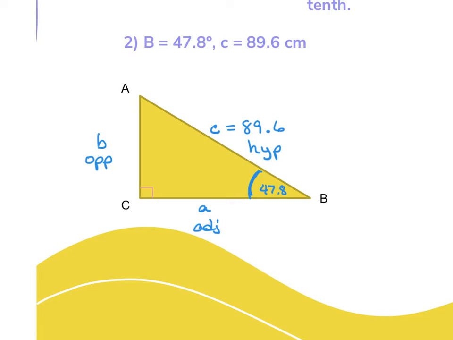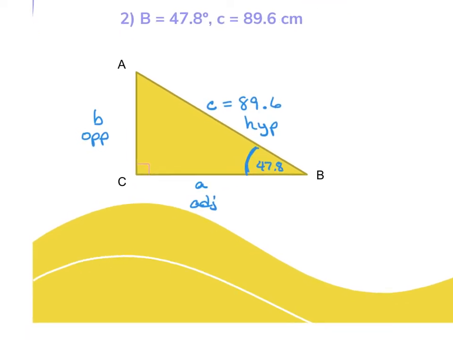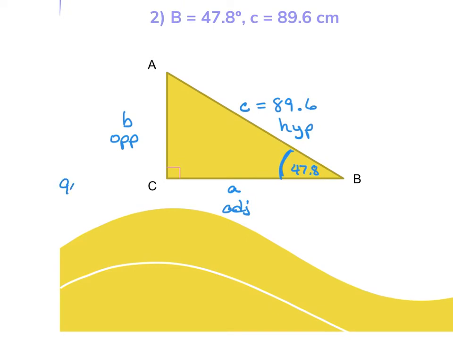Okay, so now let's find the missing angle first because that's the easiest part. I just take 47.8 and subtract it from 90 degrees. So 90 minus 47.8 and I end up with 42.2.